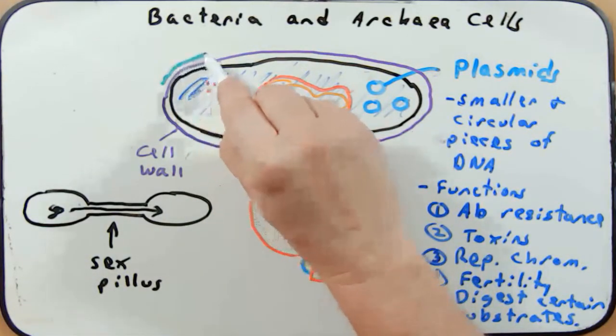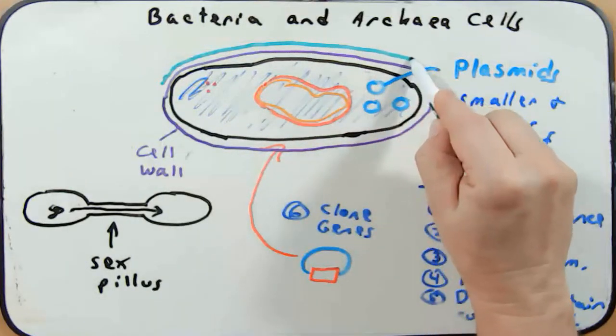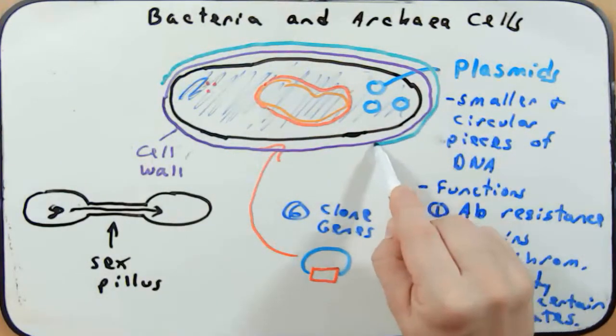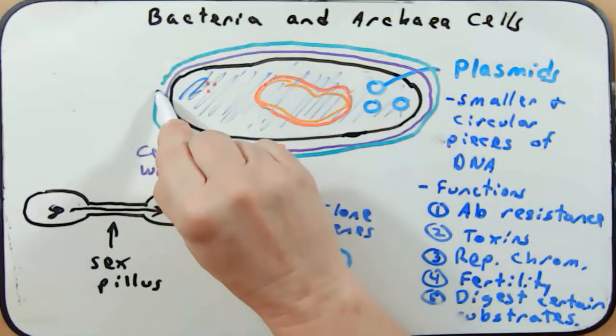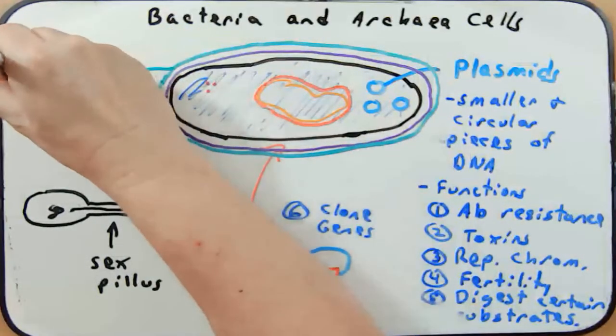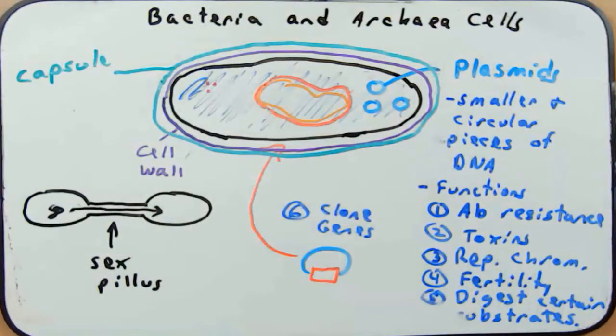The next thing is this structure around the bacterial cell that surrounds the cell wall, and this is called a capsule. A capsule is a gelatinous layer allowing the cell to adhere to surfaces.